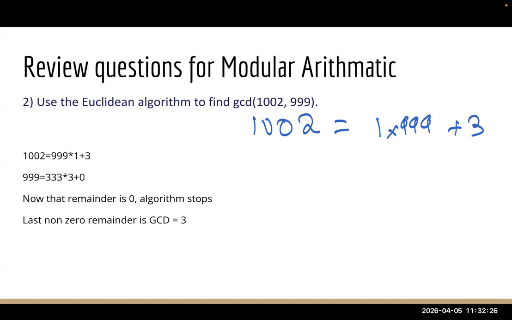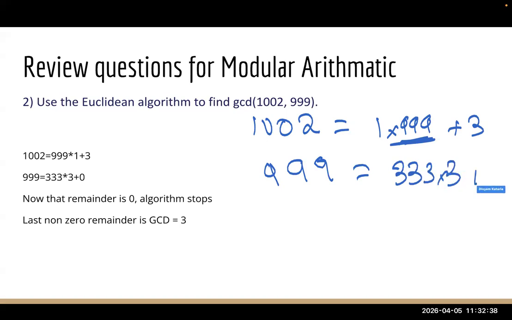So next we'll pick 999 and formulate that. This can be written as 333 multiplied by 3 plus 0. Now we can see the remainder over here comes out to be 0. And whenever the remainder comes out to be 0, we stop our algorithm right there. The last non-zero remainder will be our GCD. So what's the last non-zero remainder? It's 3. So our GCD is going to be 3.